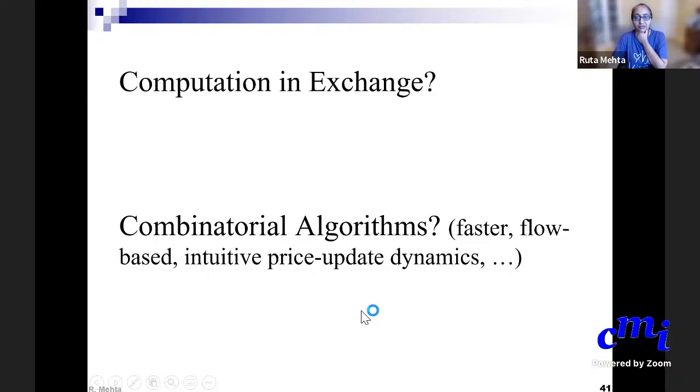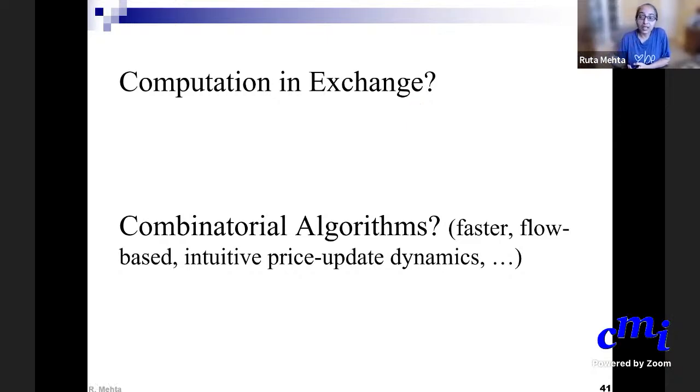Let me finish with open problems, because I want you guys to get excited about this problem and maybe think about it. So the computation in the exchange market is still open. If you allow the d_ij's to be infinity, that means some agents cannot do some chores, then it's hard.